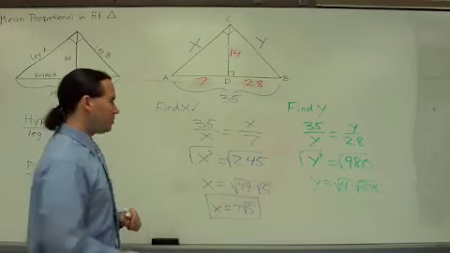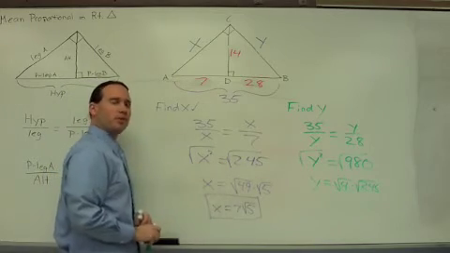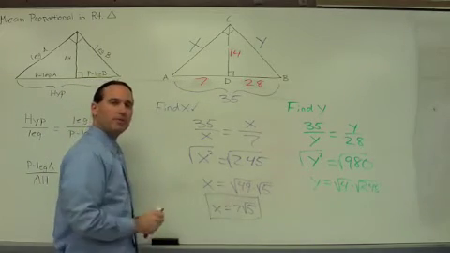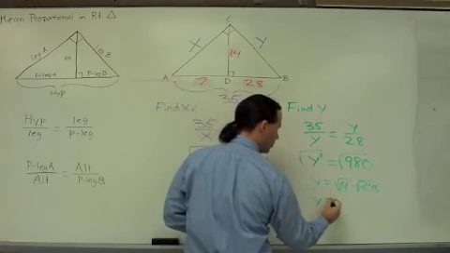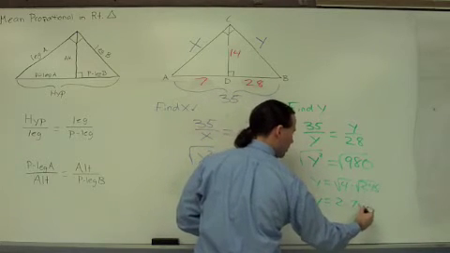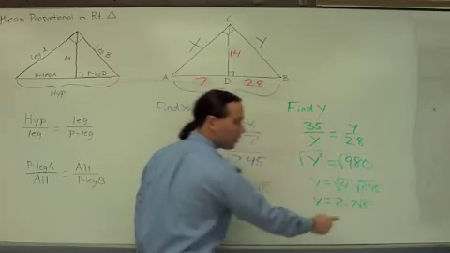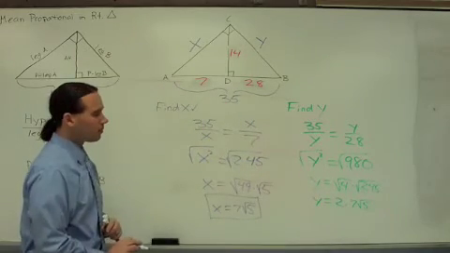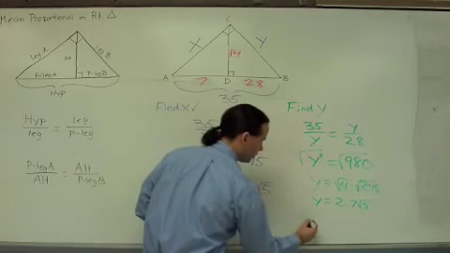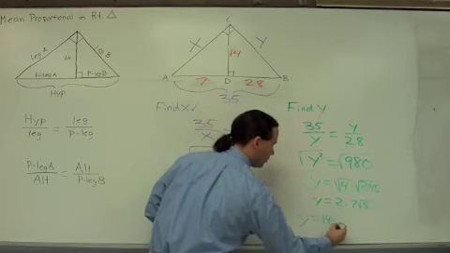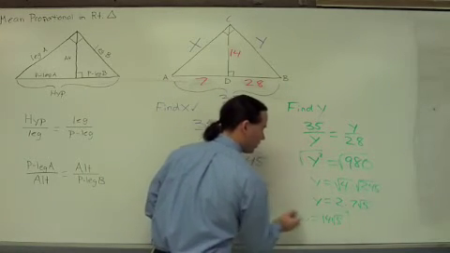This is actually nice because we figured out rad 245 over here. It's 7 rad 5. That means y is 2 times 7 rad 5, right? Square root of 4 is 2. Square root of 245 is 7 rad 5. We did that over here, which means y is 14 rad 5.